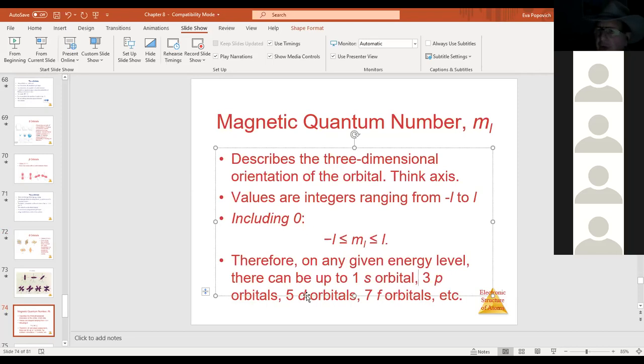For D, the value of L is 2. I can have 5 orbitals for D: minus 2, minus 1, 0, plus 1, plus 2. For F, the L value is 3. M sub L values can be minus 3, minus 2, minus 1, 0, plus 1, plus 2, plus 3. Are we pretty good on the magnetic quantum number?